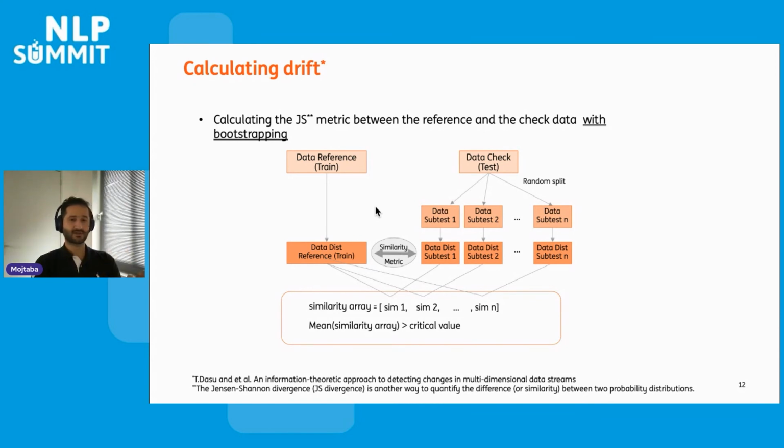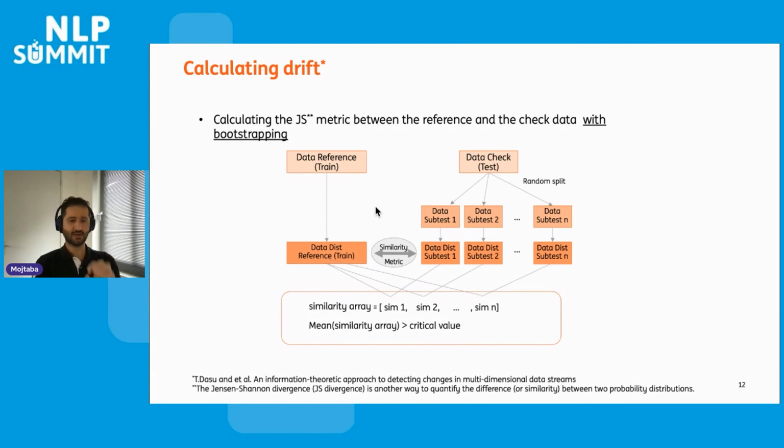If it is greater than this critical value, it means that there is a drift. So it's like a hypothesis test. If the mean of the similarity array is greater than the critical value, your null hypothesis is rejected. If not, your null hypothesis is not rejected.